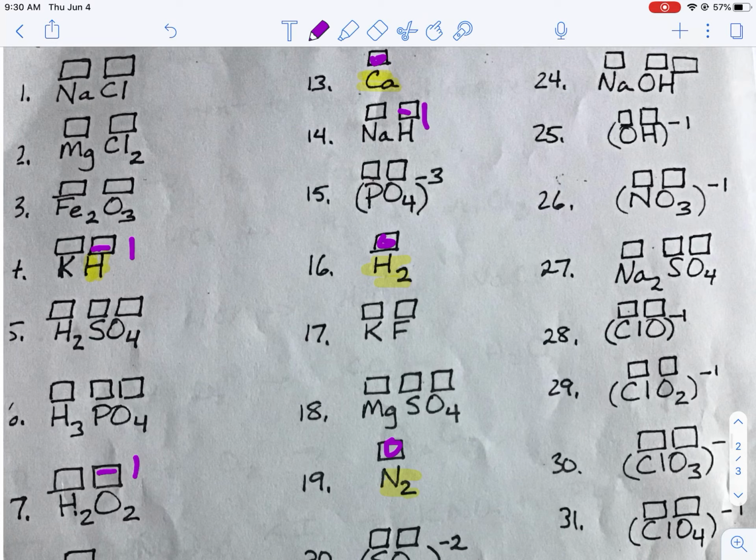I did not give that in the notes, but I just wanted to mention it now: OF2, that compound, is the only time where oxygen would be positive, and the reason is because fluorine is so electronegative, it gets the electron and becomes negative.